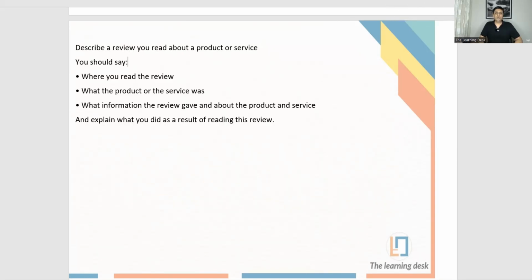What are the cues for this one? Let's go through them as well. Where did you read this review? That is the first thing. So we can talk about where it is that we read this review. Like I said, a lot of e-commerce websites.